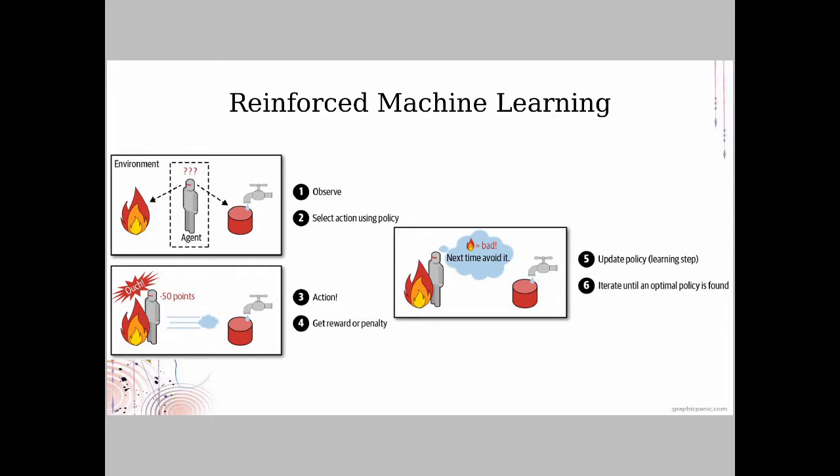So based on the answer, for example, the agent, given a choice between water and fire, chose the fire. Of course it's hot, so ouch. It's hurt by the fire, so there is a certain punishment for a wrong answer and a certain reward for a correct answer. The next time your agent encounters the same or a very similar question, based on the punishments and rewards, the agent will be able to make the correct decision.